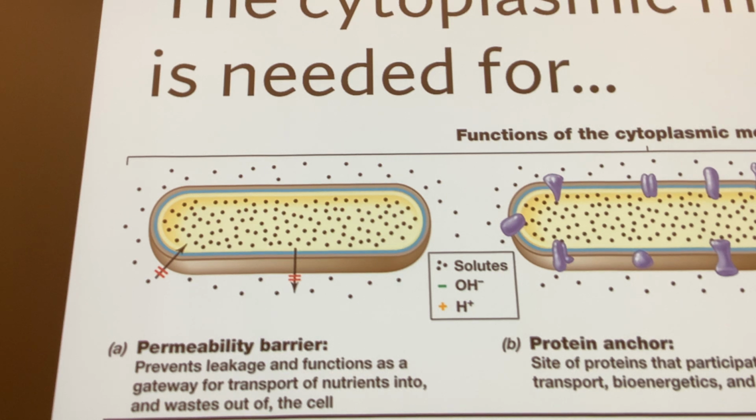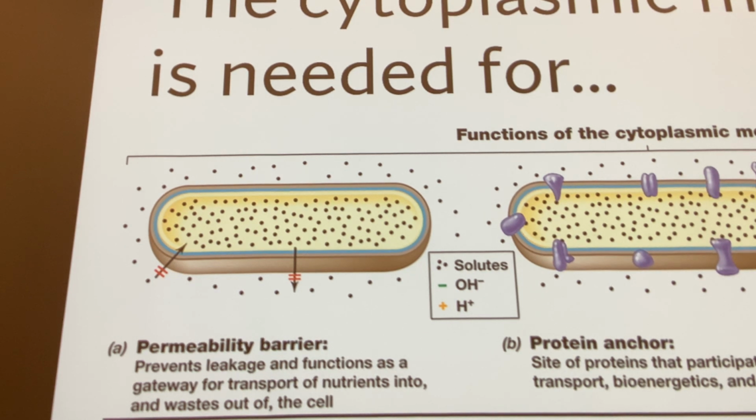And so part of this role is not just being able to keep solutes concentrated inside versus outside, but you also have to maintain a charge barrier that's going to allow you to do work, to make things like ATP, to import different solutes, etc. And so there's a lot of basic roles that this cytoplasmic membrane has to do.